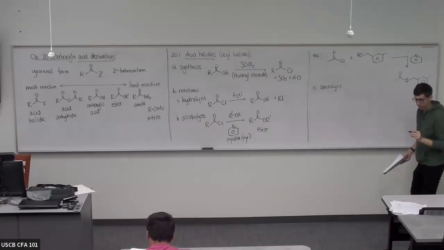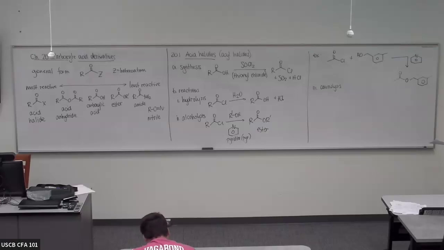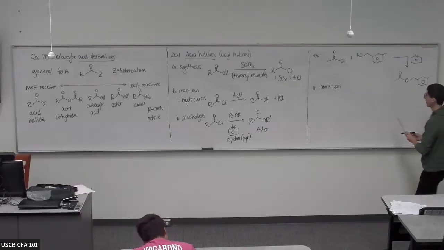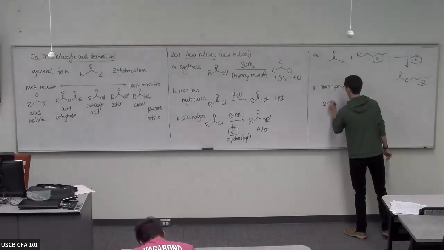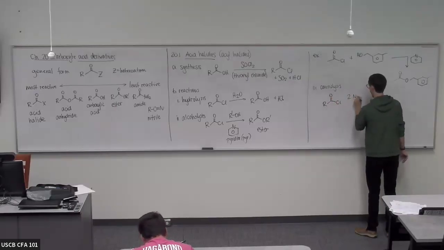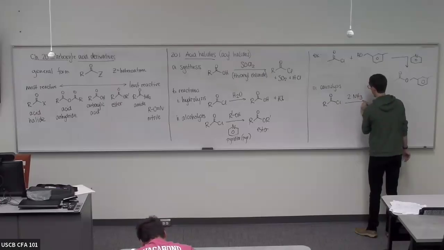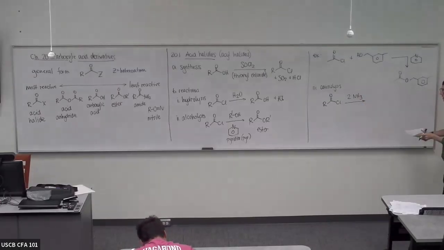A lot of lysis words today. Aminolysis. Okay, so we're going to take our acid halide, and we need two equivalents of an amine of some kind. I'm just going to use ammonia here as a simplified example.